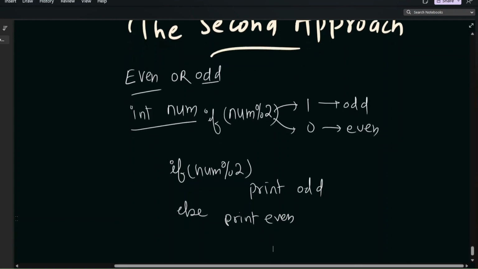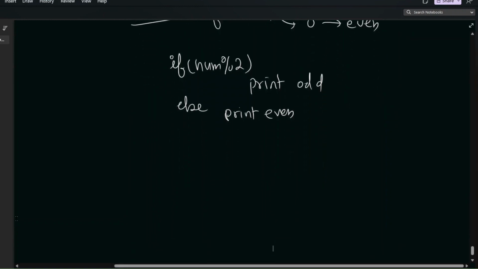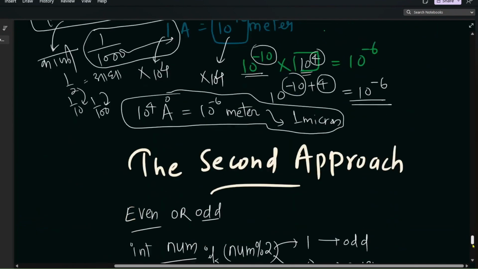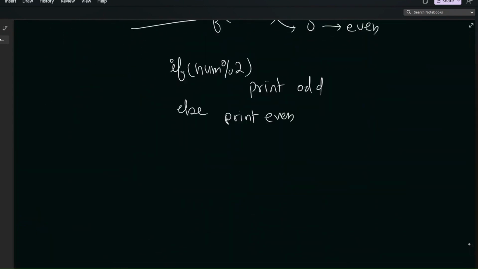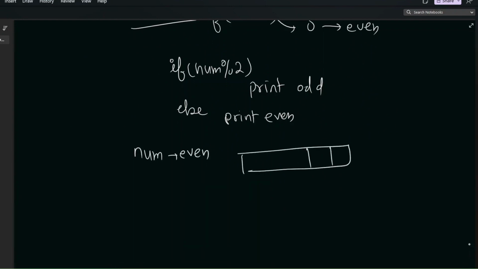Now what can we do with another approach? We already know about binary conversion. For binary conversion of any number, if any number is even, then we can say that the very first bit, the 2 to the power 0 bit, is off.